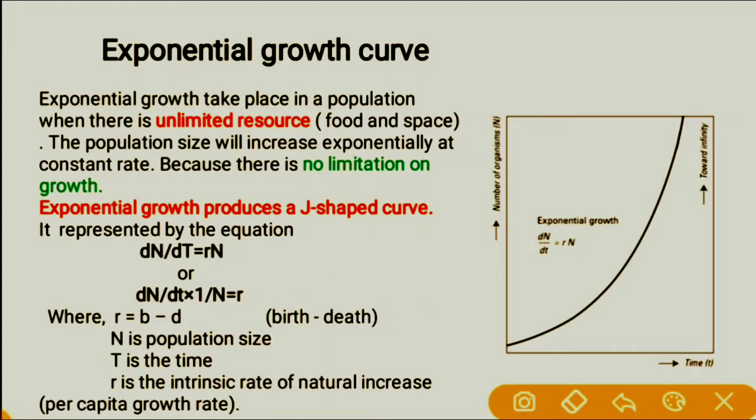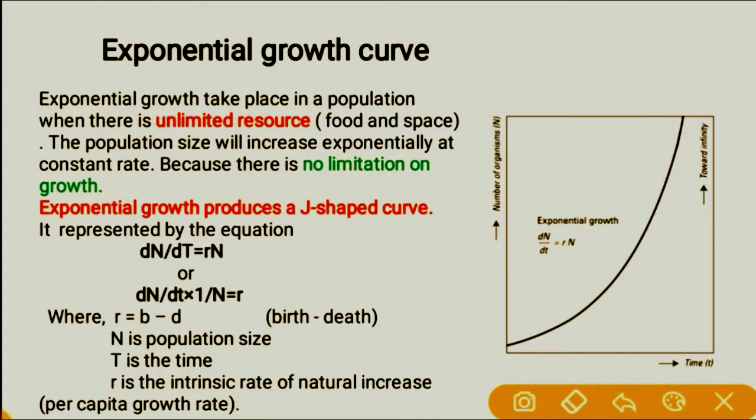So r is b minus d, means birth minus death equals r. N is the population size and t is the time, and r is the intrinsic rate of natural increase, you can say per capita growth rate.